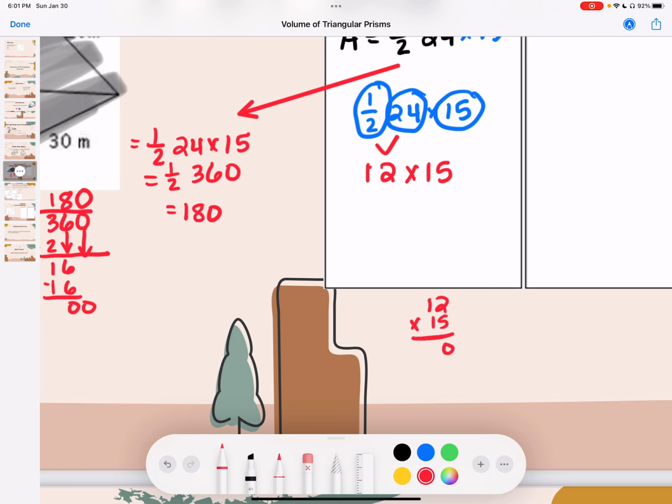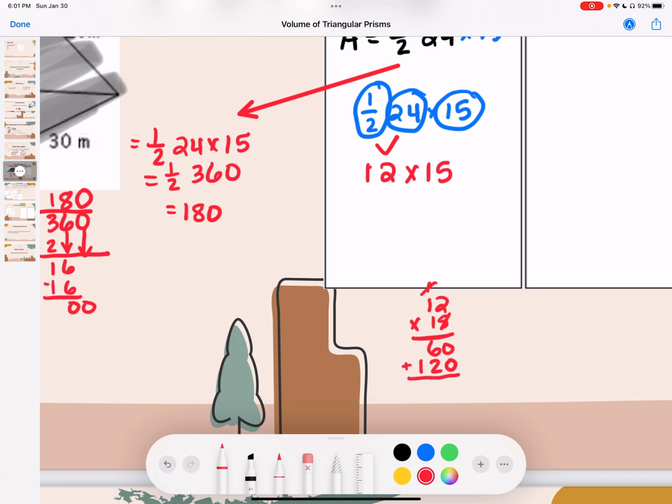When I move over, I put my 0. 1 times 2 is 2. 1 times 1 is 1. I'm still going to add the same way: 0, 8, and 1. So if you see, I still got the same answer. It's just I'm working with smaller numbers, which either way is perfectly fine. It's just whatever works best for you.